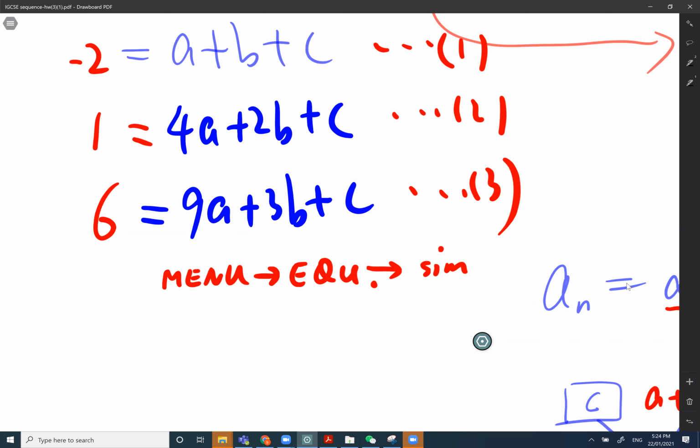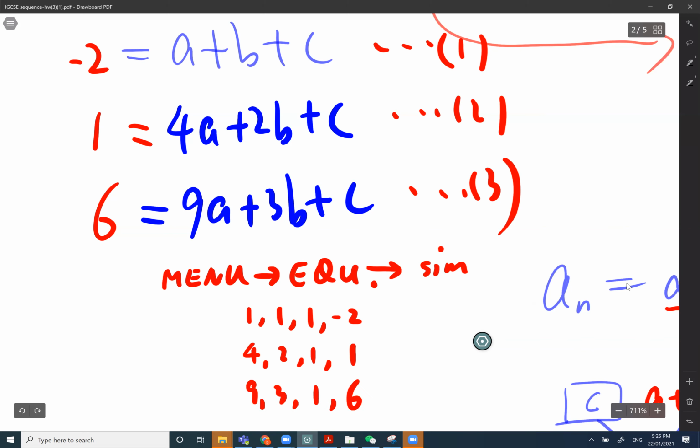If you got a calculator, in the equation manual, you just input the numbers: 1, 1, 1, negative 2, 4, 2, 1, 1, 9, 3, 1, 6. Equation manual, and then F1.